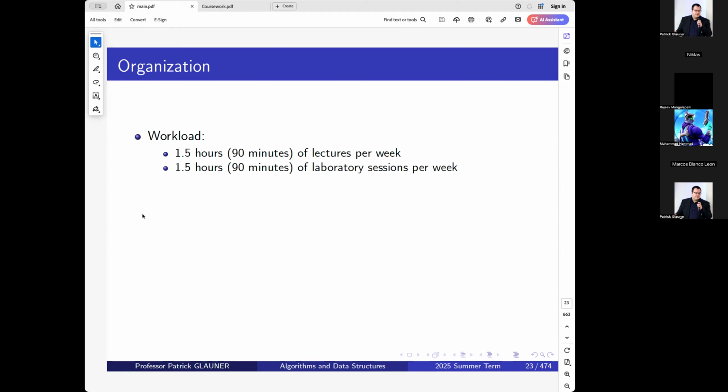Rather, you'll be working on the course worksheet, and for any problems or questions you may have, I'm happy to assist. The lab sessions will be hybrid. So I'll be in the classroom, in the lab room, and you're welcome to come there and interact with me and your classmates.